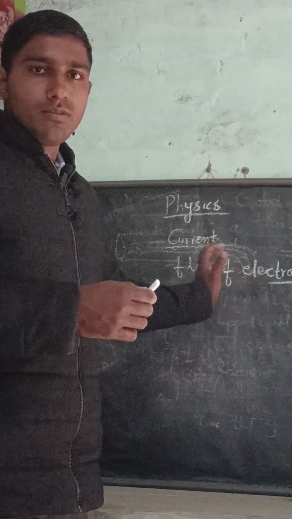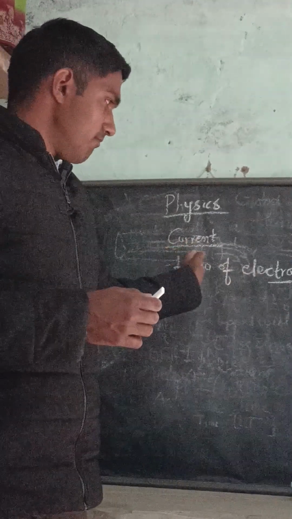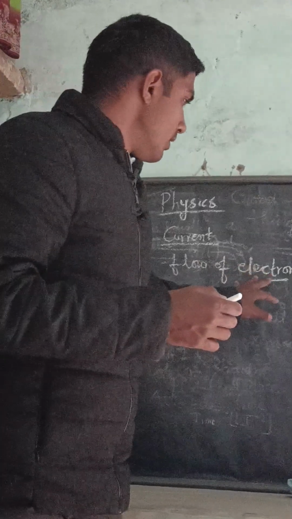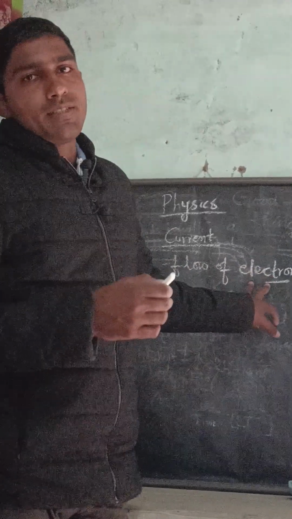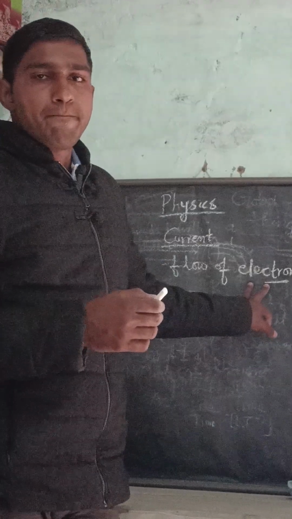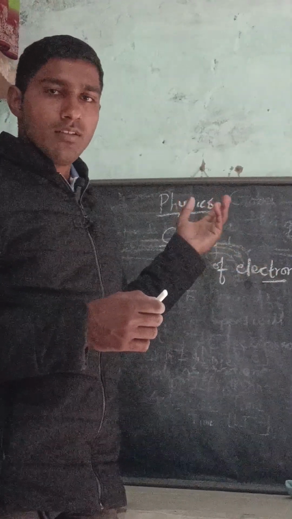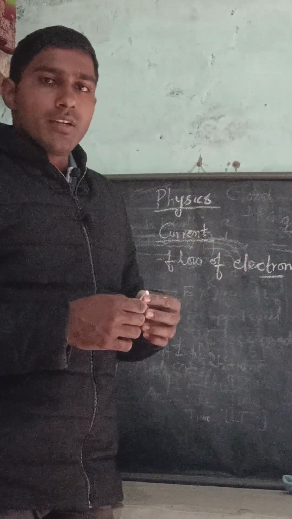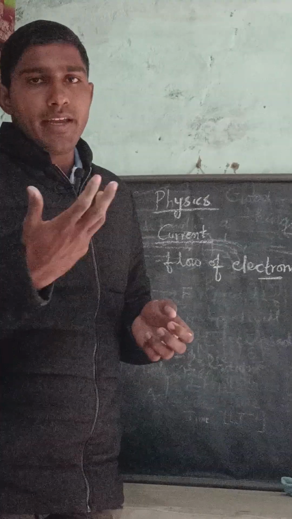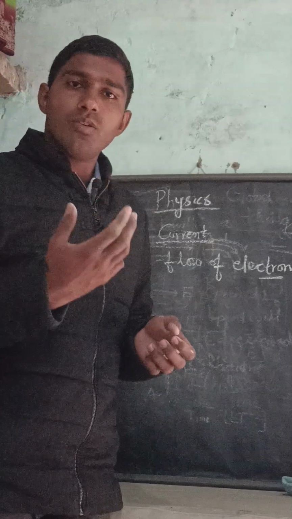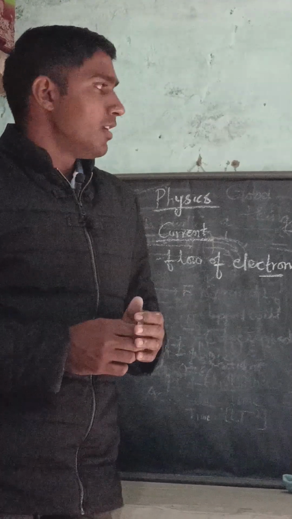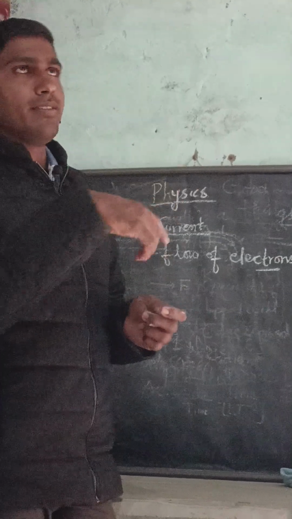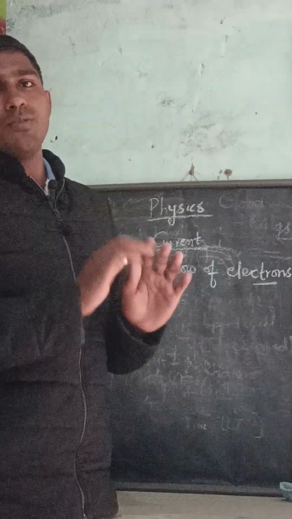Is anyone aware of this fact? Maybe not. Because it has direction, but still it is a scalar quantity, because it doesn't make any angle with its origin. As you say, when you switch on the plug, the current flows in one direction, but there is no angle.